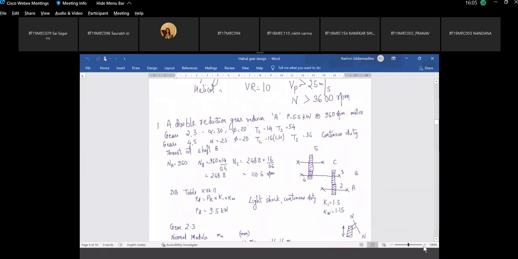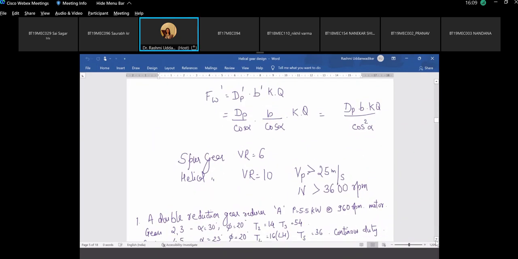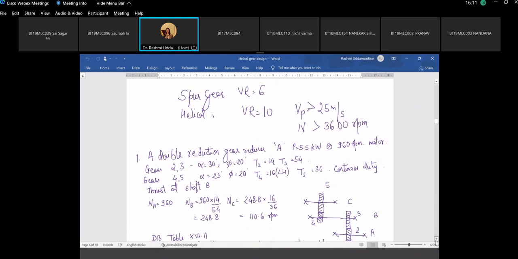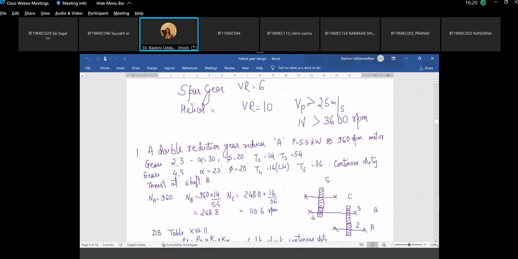Yeah, this is our problem statement. This is a problem on a double reduction gear reducer with a shaft A carrying a pinion, shaft B carrying two gears 3 and 4, and shaft C carrying another gear number 5.